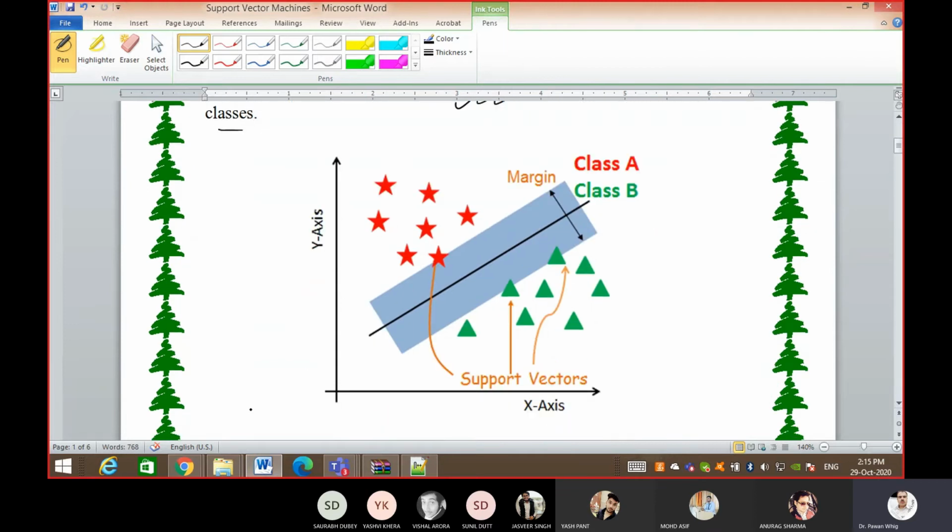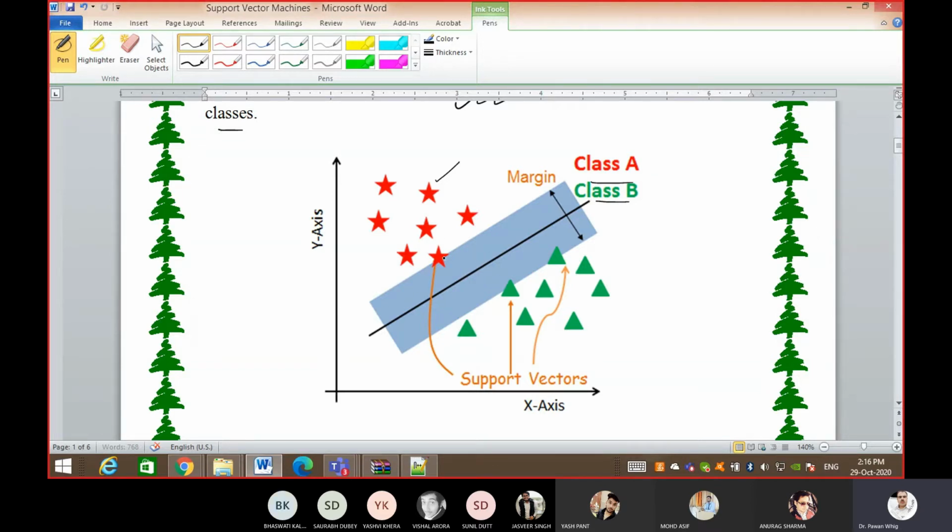Let us suppose we have two data classes, class A and class B. Class A consists of these stars and class B consists of triangles. Now we want to divide these two data sets into two groups in such a way that they are maximally apart from each other. For that, definitely this is a line, a boundary which will segregate these two data into two groups.